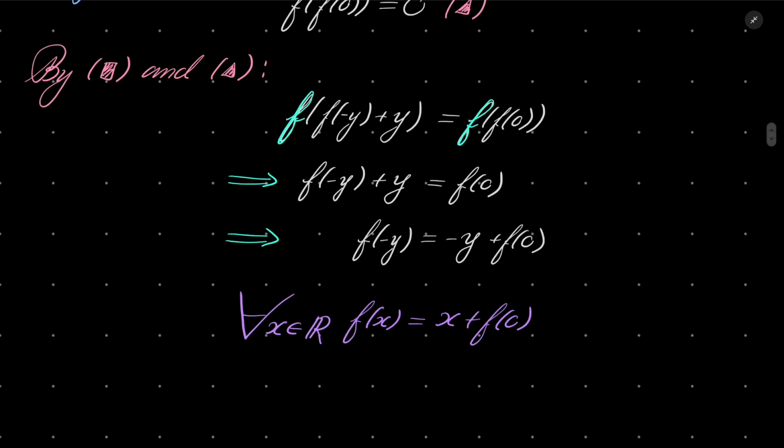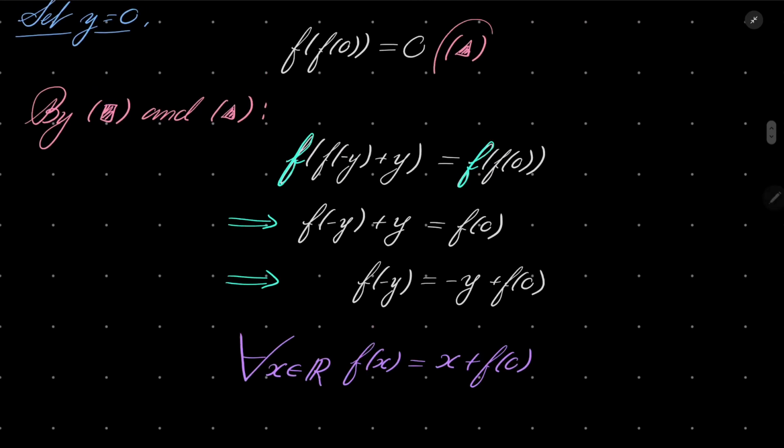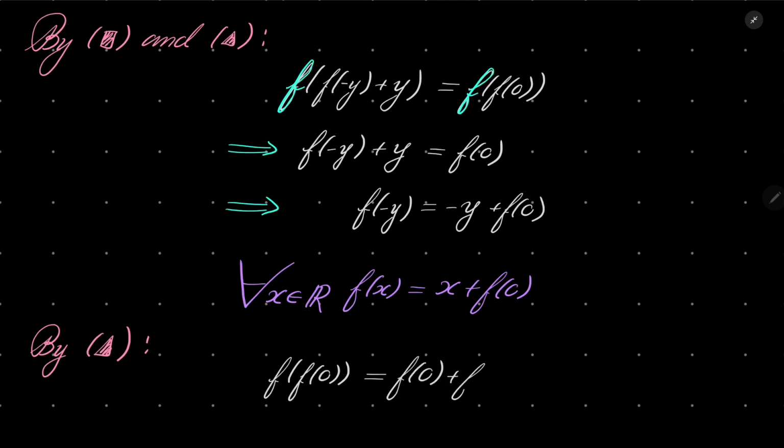Very well. Now, can we find f of 0 in some way? Yes, we can. Once again, by our condition which I marked triangle, we have the following. f of 0 equals f of 0 plus f of 0, but f of 0 by my condition triangle is just 0.